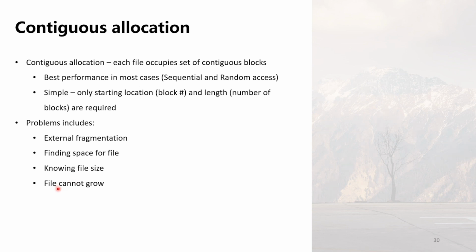Finally, most files dynamically increase or decrease in size. With contiguous allocation, since files are placed in continuous blocks, if the following block is occupied by another file, the original file cannot dynamically adjust its size.